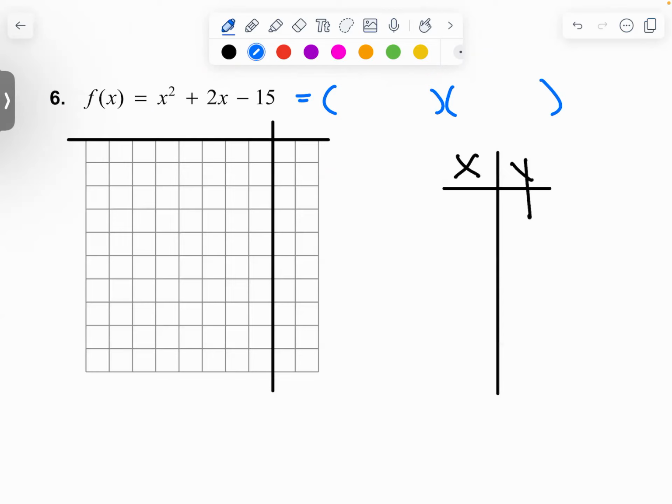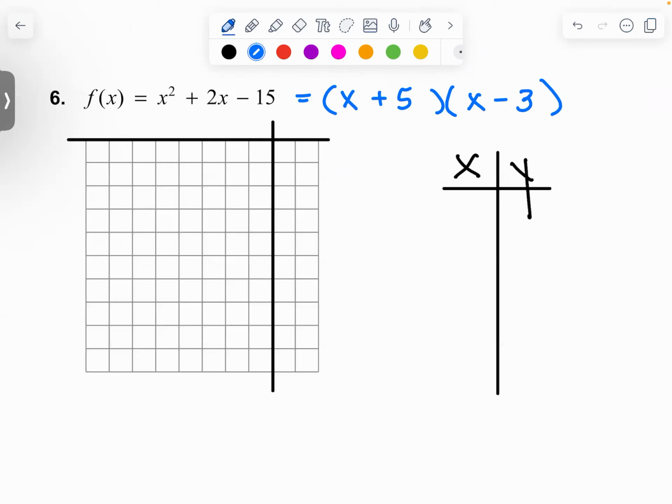Carly, what'd you get? Can you just tell me what you got for the factors? X plus 5, x minus 3. Good? Yeah. Okay, now Carly was trying to go one step further.